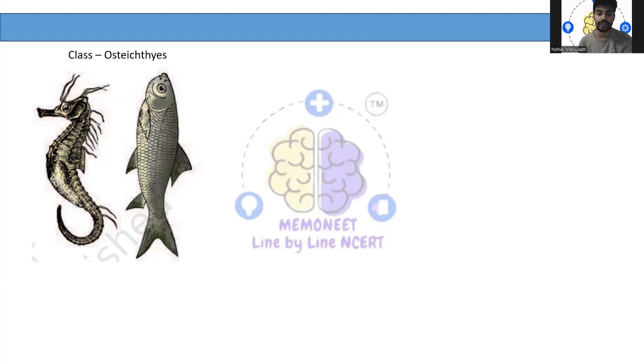Then four pairs of gills are present, which are covered by an operculum on each side.